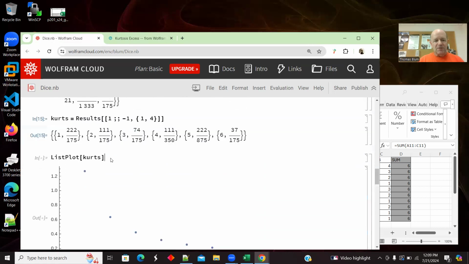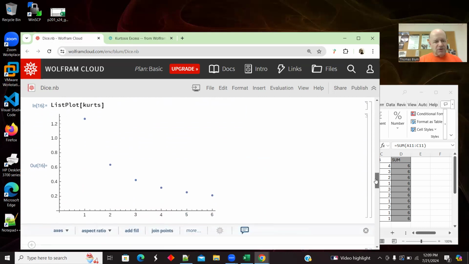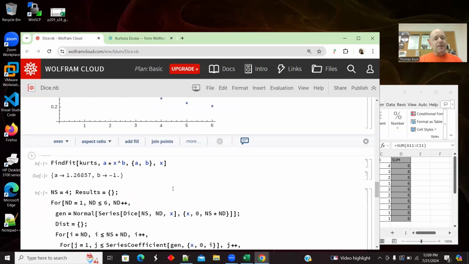And again, this was my weird choice of the kurtosis, that I wanted it to tend towards 0 to emphasize that it was becoming normal, but I also wanted it to be positive because I'm going to fit it to a power law. So there is my list plot of these kurtosis values. And then I'm going to fit that to a power.